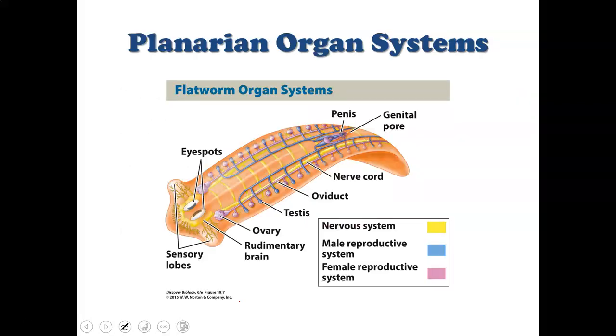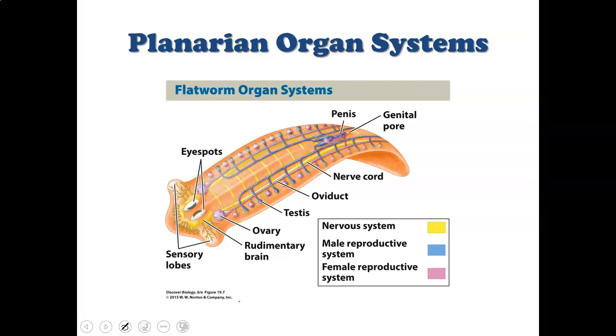You're going to see the beginnings of organ development within the Platyhelminthes. So you can see that they have a nervous system, a digestive system, a reproductive system, but they don't have a circulatory system, right? And as a consequence, they have no respiratory system.